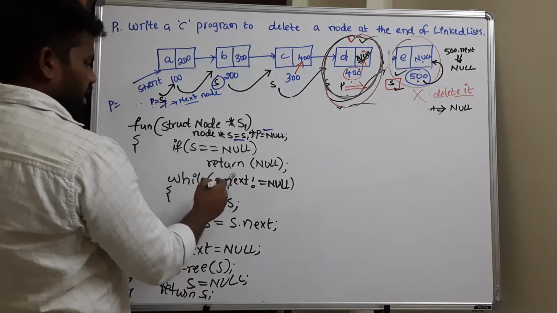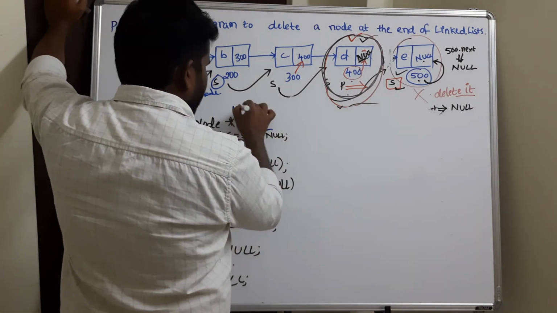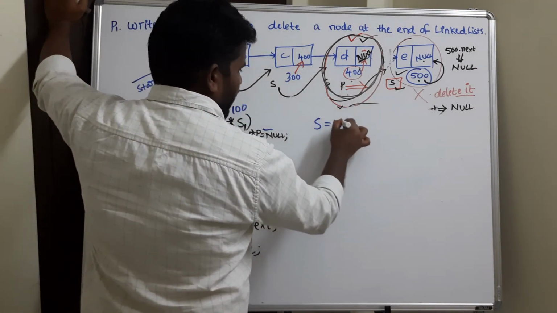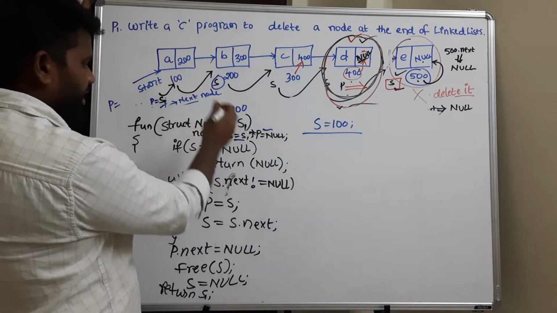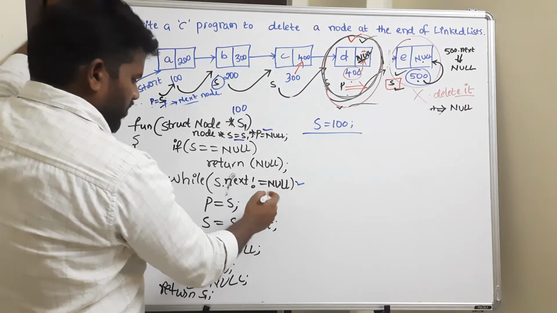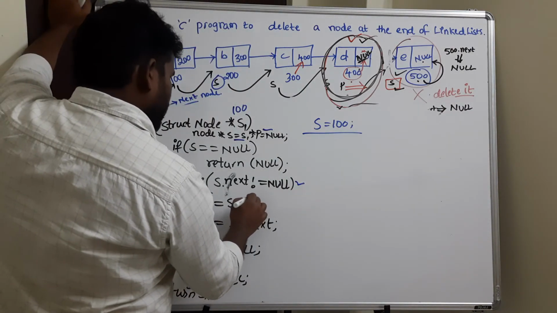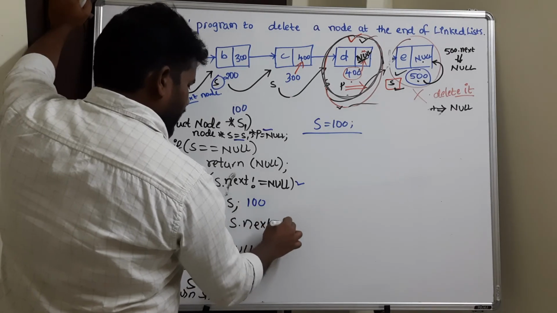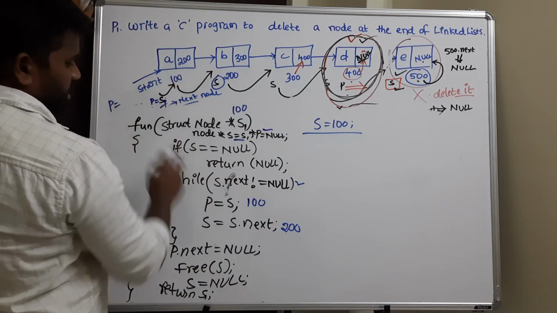Then our S is 100 now, because we are getting 100 here. 100 dot next exists, so we move forward: now P equal to 100, and S is 200, because S dot next is 200.